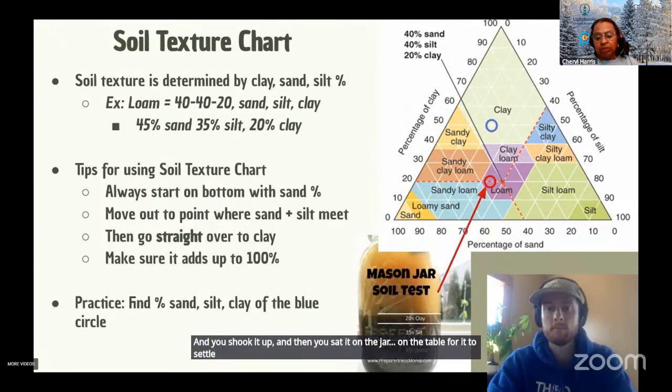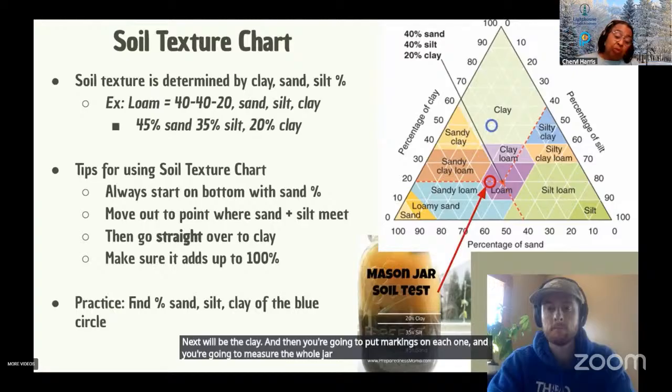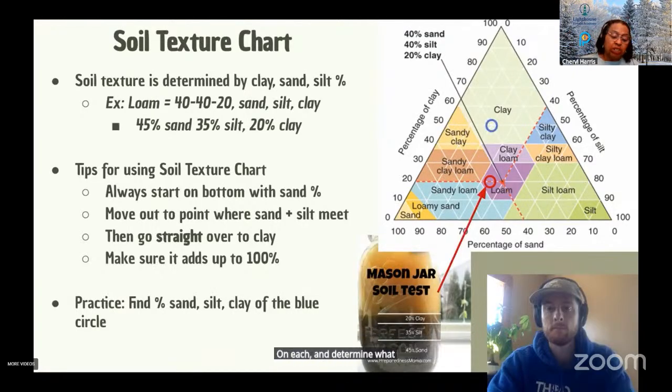The thing that's going to settle first, because it's the heaviest, is the sand. And the thing that will settle out of the water next will be the silt, and then next will be the clay. And then you're going to put markings on each one, and you're going to measure the whole jar and what the markings are on each, and determine what your percentage is represented in the jar.